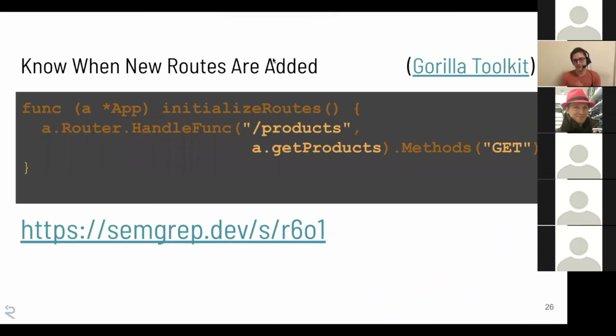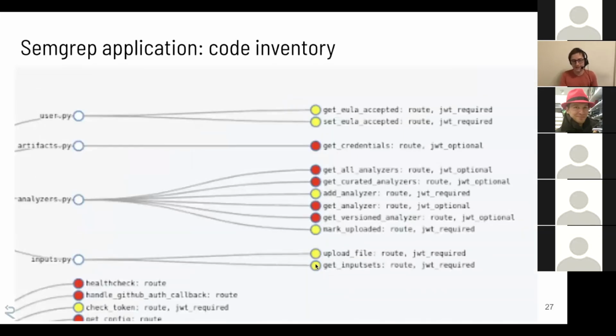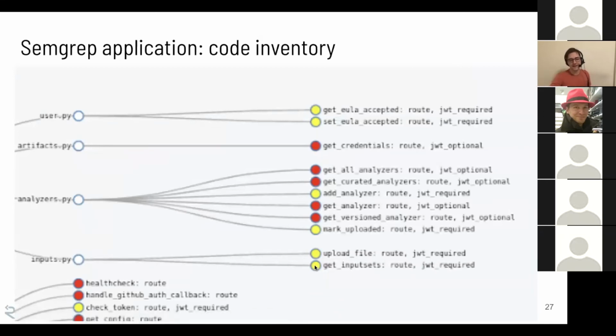So there's this one about the route inventory. What we're doing here is we have this internal experimental tool that searches for API routes defined in any of our repositories and gives us a unified interface where our security team can have a look at all the API routes in our entire organization, and some details about whether authentication is required for this endpoint, such as here, this yellow mark says that authentication is required.